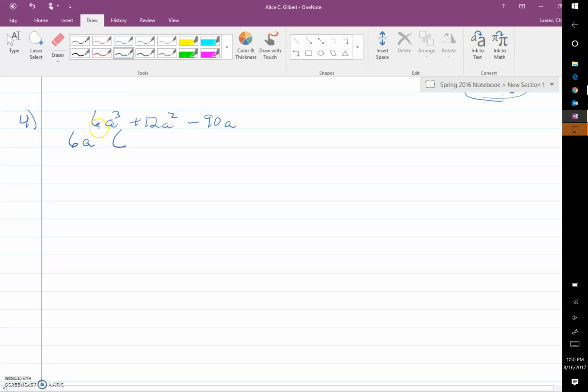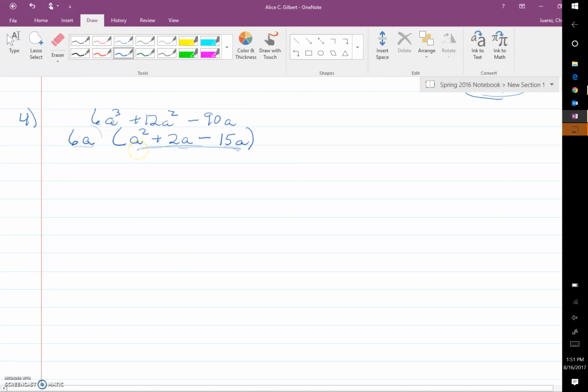So from this, it leaves me with a squared plus 2a minus, 6 goes in once, 15a. Now all I have to worry about is looking at the rest of this and go from there. I already did my greatest common factor. Make sure this guy keeps coming down all the time.